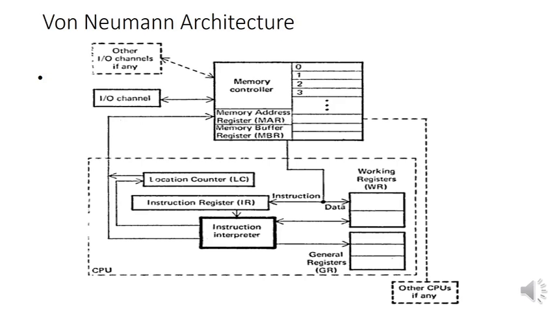You have instruction register, you have instruction interpreter, then you have instructions, data working register, general register, and other CPU, if any. So this is simply von Neumann architecture, which you need to study and see how this is being designed and constructed.